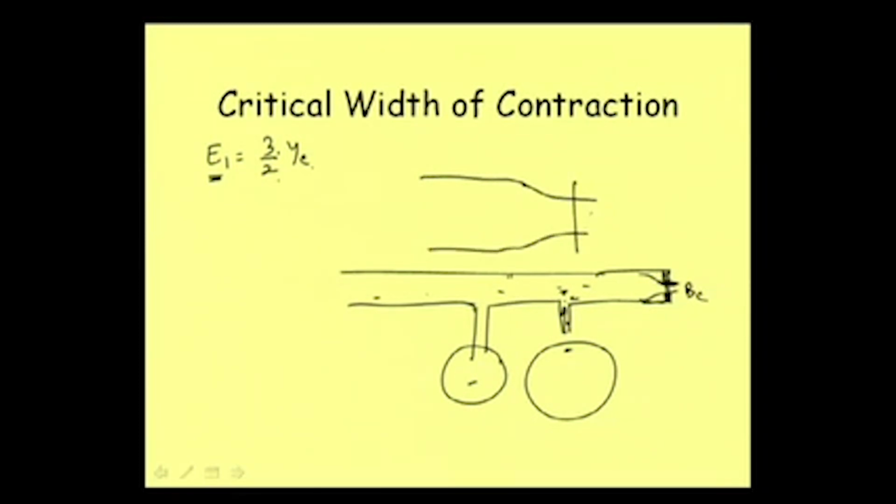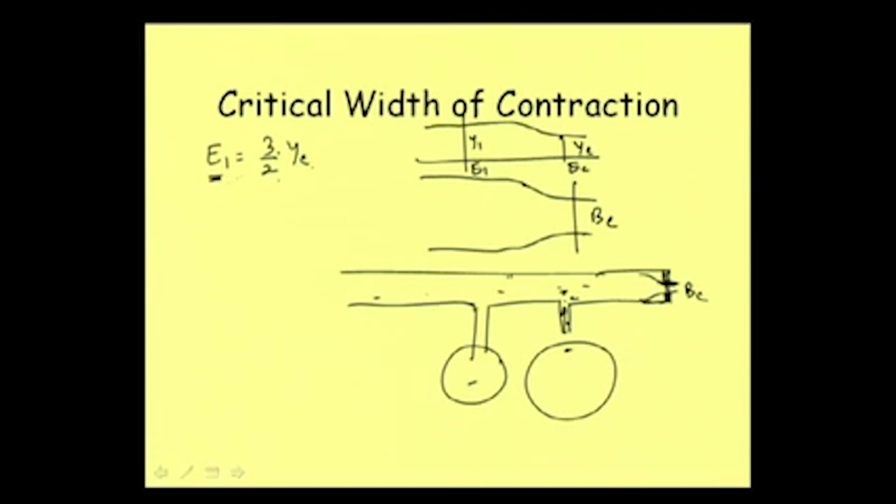Here we are having critical flow condition because our bed width is BC, and at the upstream we are not having critical flow condition, but we are assuming that the energy at upstream is E1, with depth Y1. The energy at this level is the same, because from our diagram itself we are considering that energy loss is not significant.